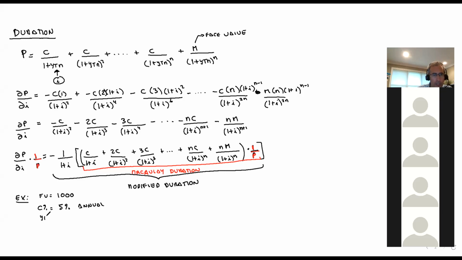My yield to maturity also is 5% annual. Coupons are also annual, just to make it simpler, so you pay 1 coupon per year. Okay, can you please compute the duration of this bond?